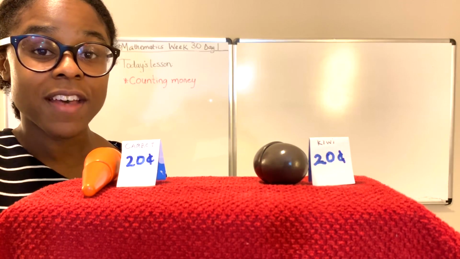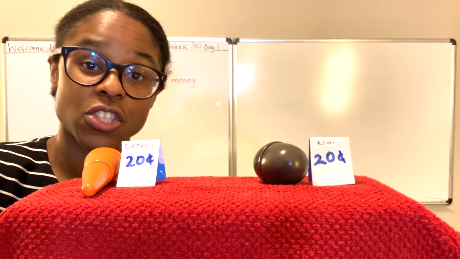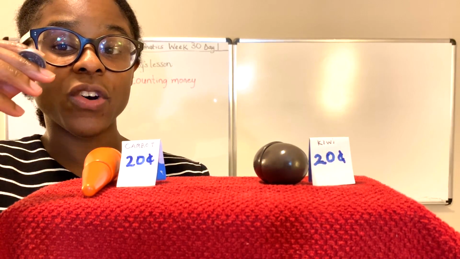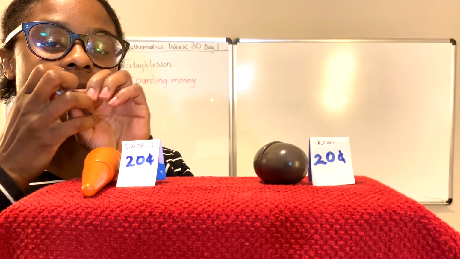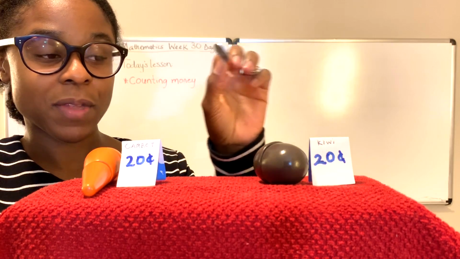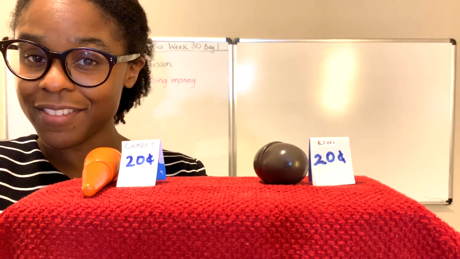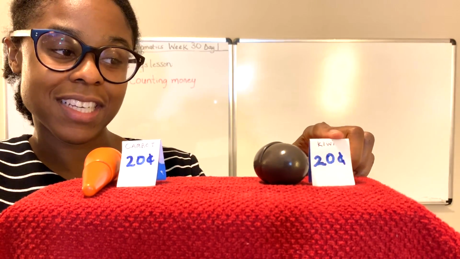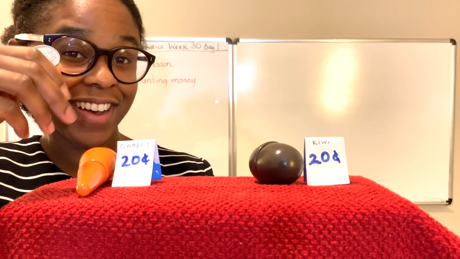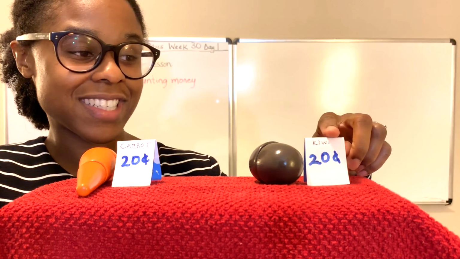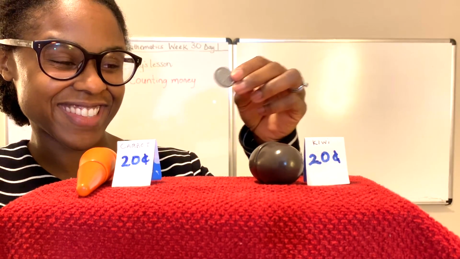Now I know that if I want to buy something that costs 20 cents, and if I only have a quarter, then I can expect 5 cents in return. Because 25 minus 20 is 5 cents.